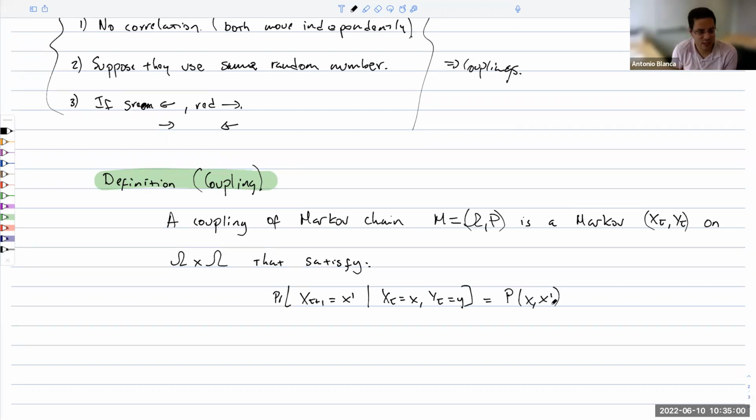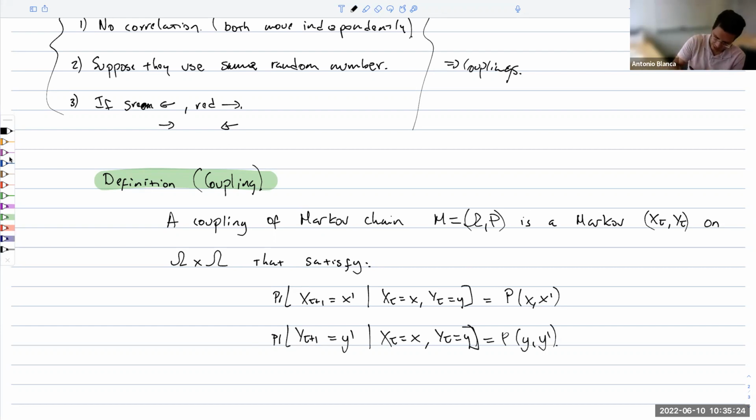This means the transition probabilities for X are the right ones, and we also need the same for Y. The probability that Y_{t+1} equals Y prime, given the state of the chain at time t, is just the probability of going from Y to Y prime.